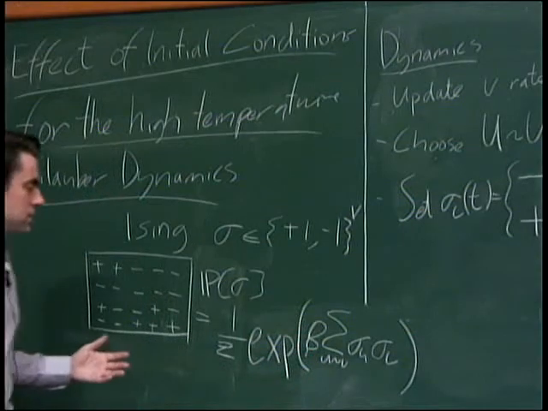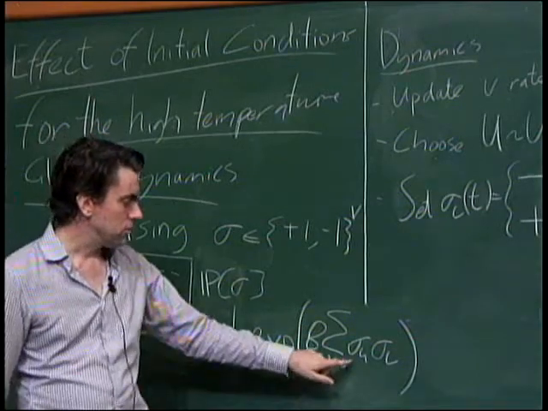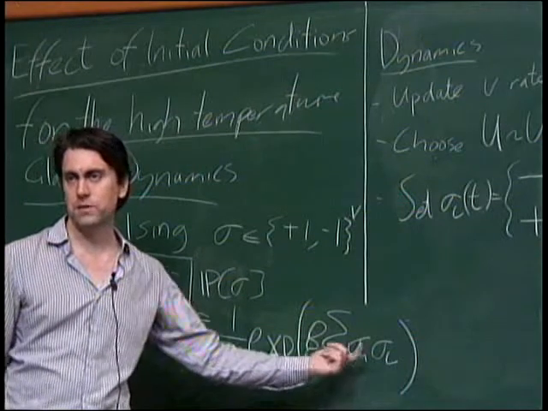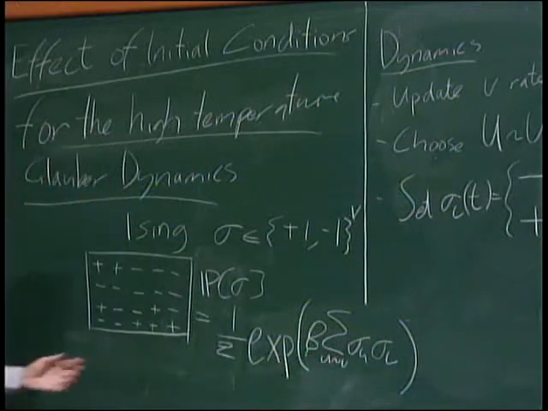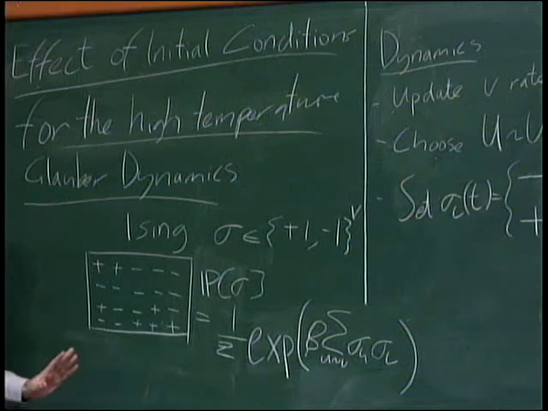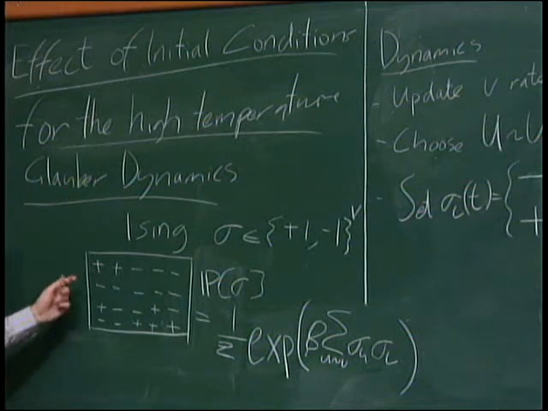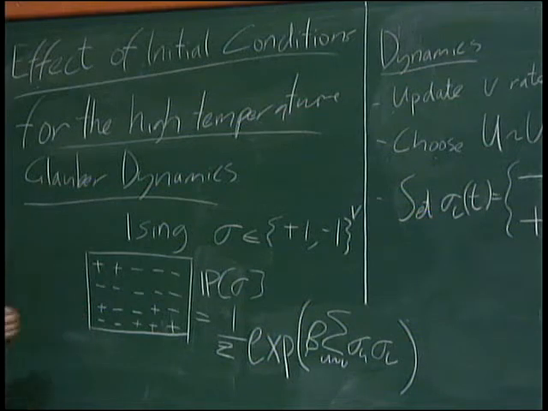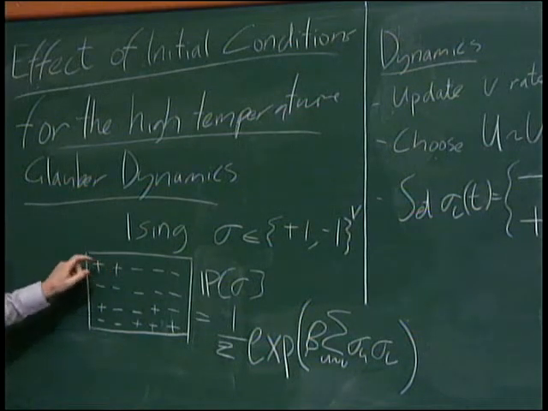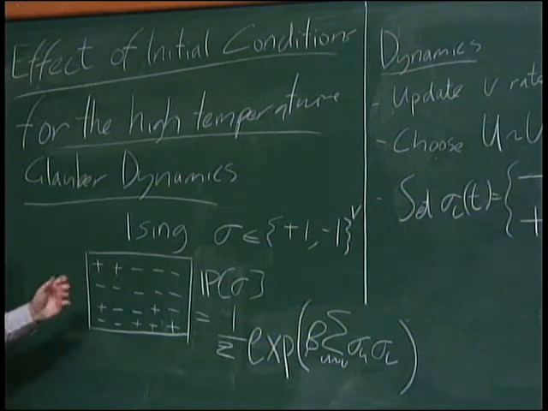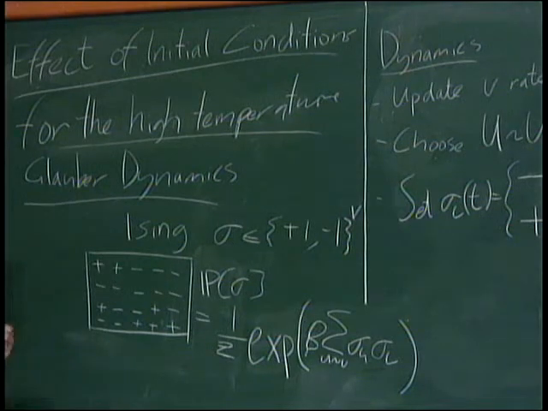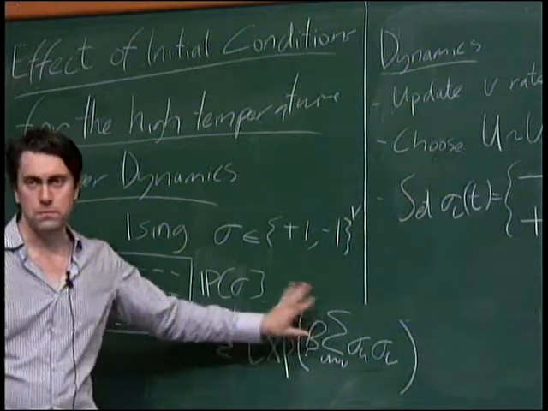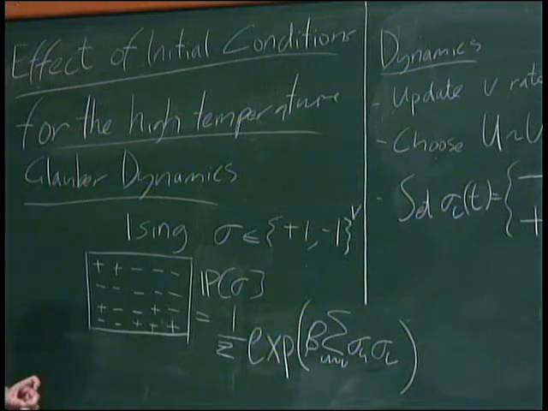What this does is, you get a 1 if sigma_u and sigma_v are the same, and you get a -1 if they're different. So the probability distribution will tend to put more weight on configurations where you have more pluses next to pluses and minuses next to minuses. The spins, as I'll call the pluses and minuses, tend to want to align. And the strength of those interactions is governed by this parameter beta.